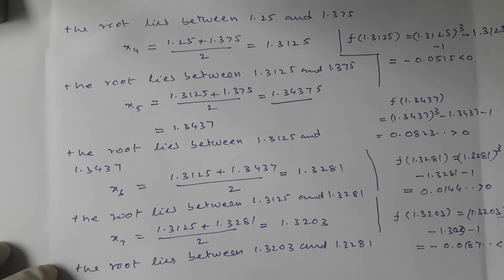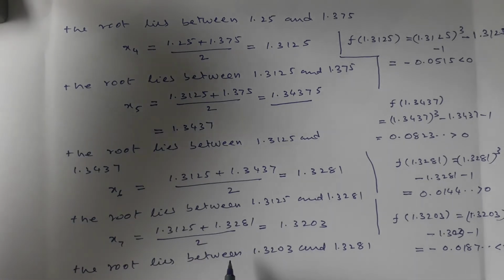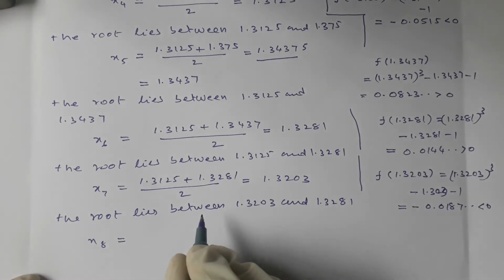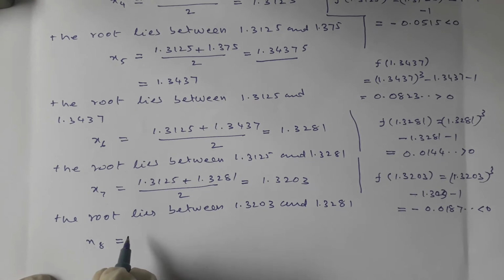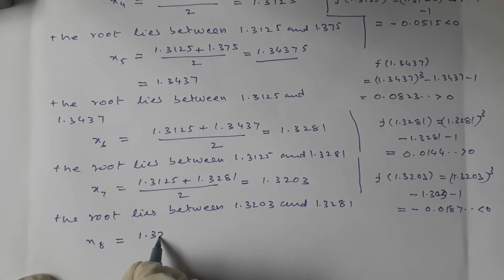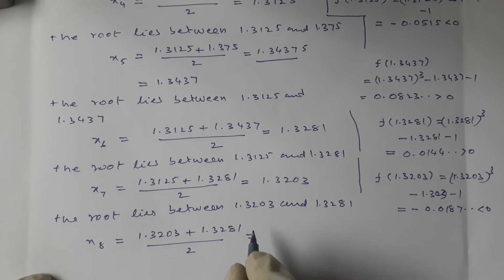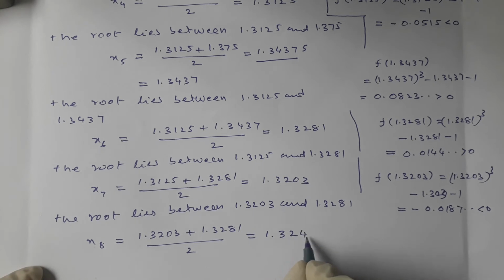So x8 is equal to 1.3203 plus 1.3281 divided by 2, which is equal to 1.3242.